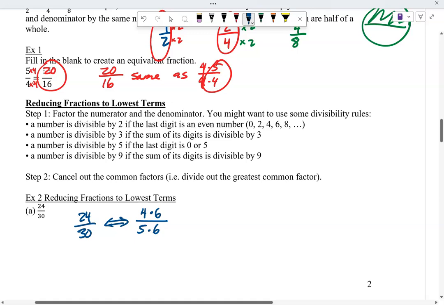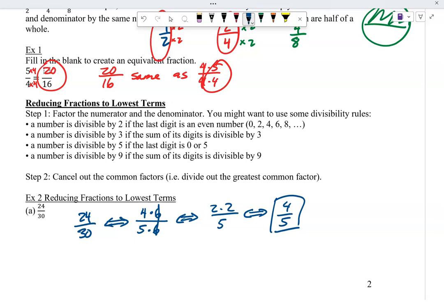I do recognize you can go further, but notice that the 6's cancel. Even though 4 can still be factored into 2 and 2, 5 you're stuck. It's just 1 and 5. So you just leave it as 4/5. So 24/30 is the same thing as 4/5.